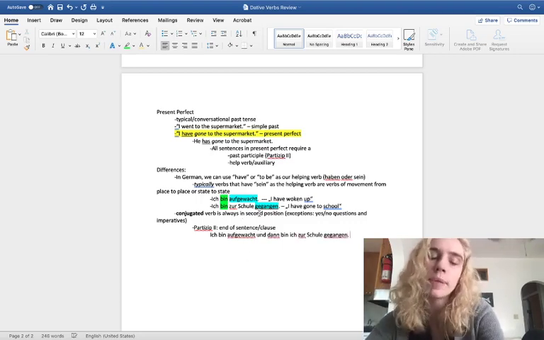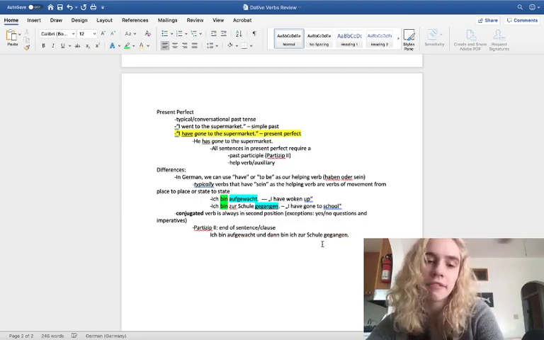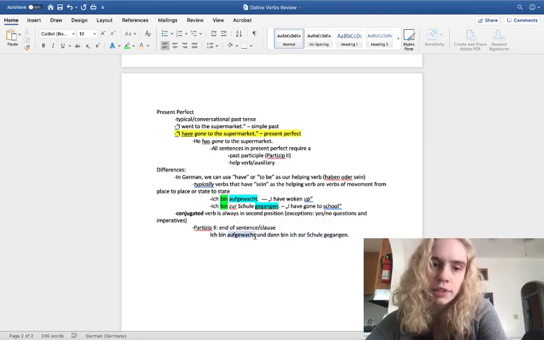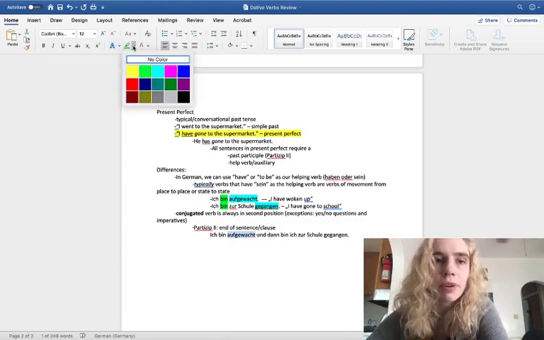So I woke up and then I went to school, or I have awoken and then I have gone to school. So we've got two participles and two helping verbs here. I mean, the helping verb is the same, I've just included it twice.